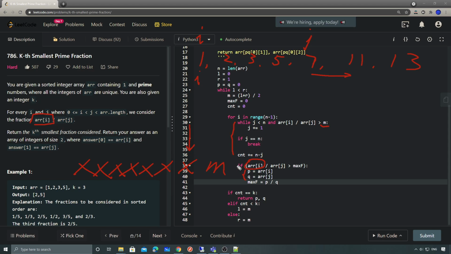After this, we'll find the biggest fraction among all those fractions which are smaller than m, which is exactly what we're looking for here.